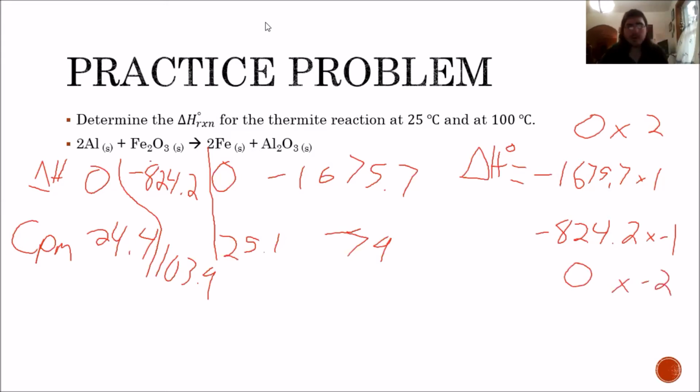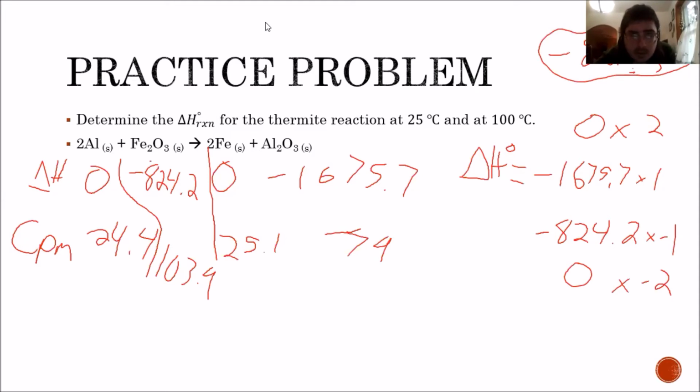I'm including all the species, iron and aluminum. Basically, the delta H is negative 1675.7 plus 824.2. At room temperature, I would have negative 851.5.